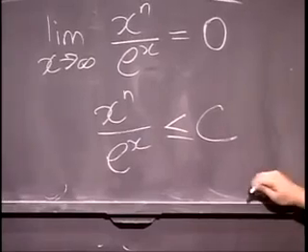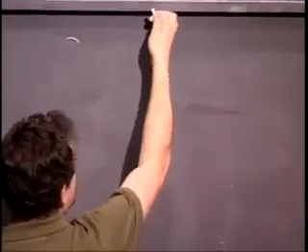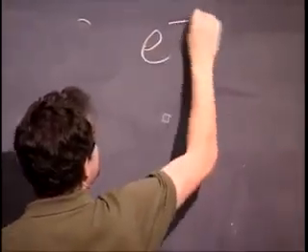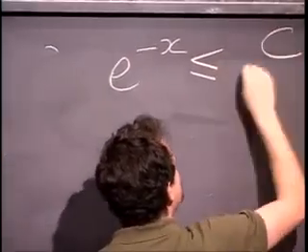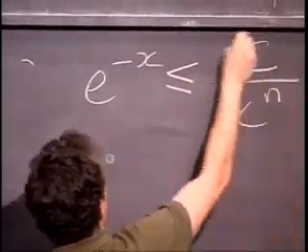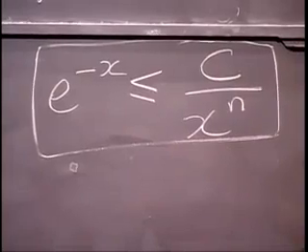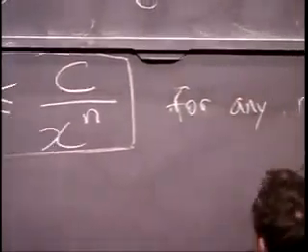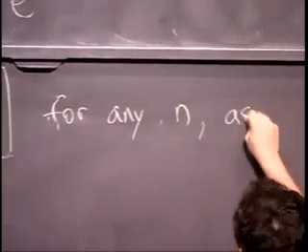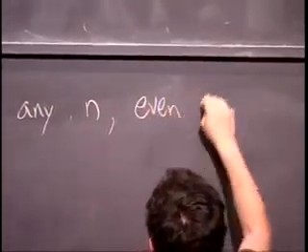And then all I do is divide by x to the n, and I get my really useful principle, which you might as well just learn. e to the minus x, that's the same as 1 over e to the x, is less than or equal to a constant over x to the n. And this is true for any n. Doesn't matter what n is, even if it's very large.